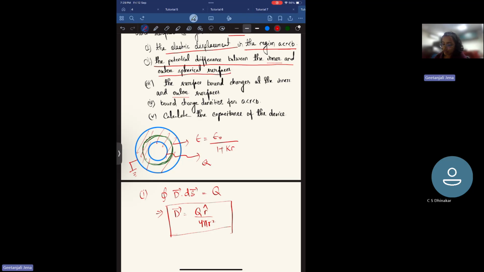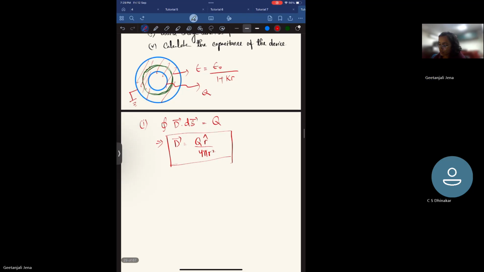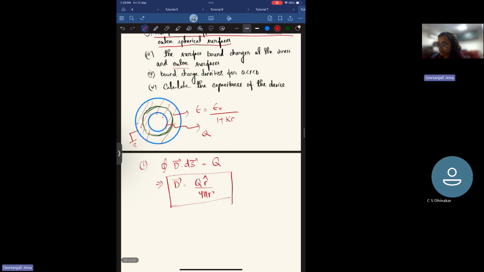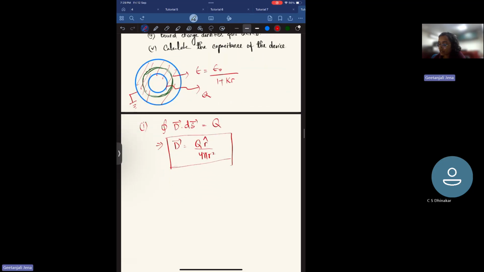Next, you need to find out what is the potential difference between the inner and the outer spherical surface. For that, you can first calculate the electric field, and from the electric field you can calculate the potential. Here it's also given D of r is epsilon r E r.